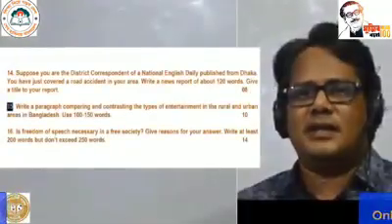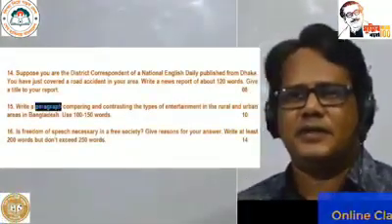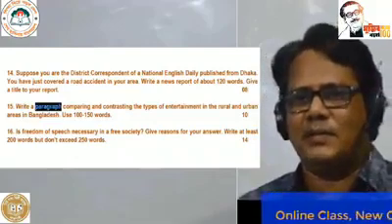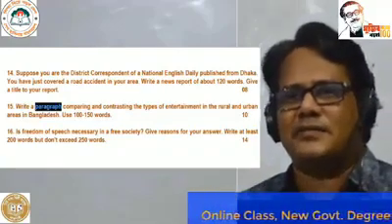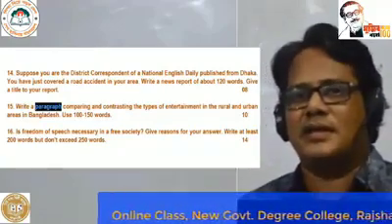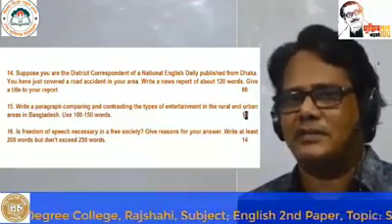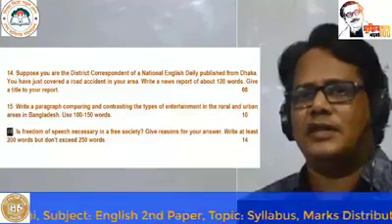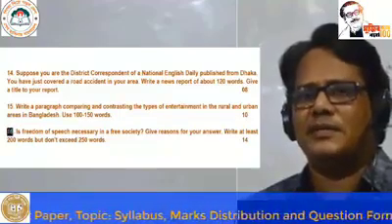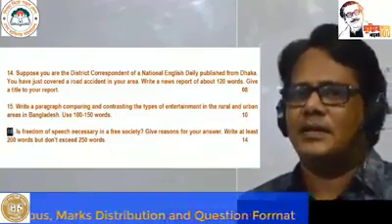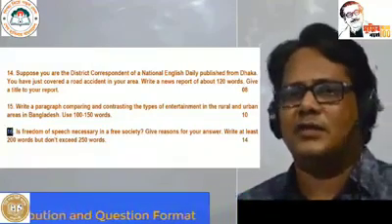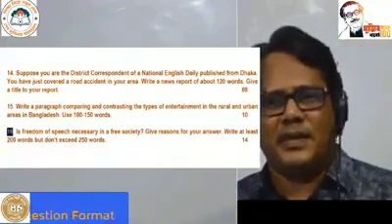Question number 15 is writing a paragraph. You are well known about the paragraph, but it is a matter of sorrow that many students cannot write a paragraph following the rules of paragraph writing. However, in the question paper, a topic will be given and the word limit will also be given, and you have to write a paragraph following the instructions.